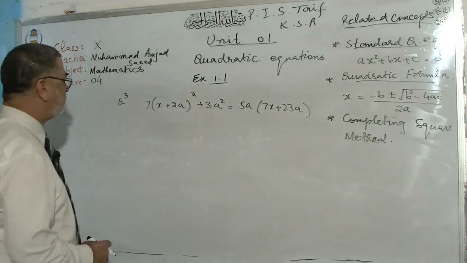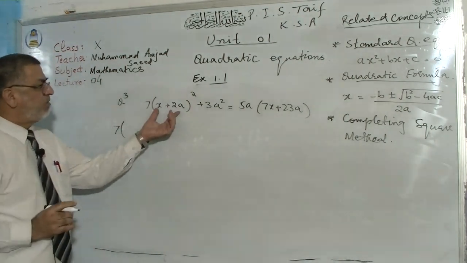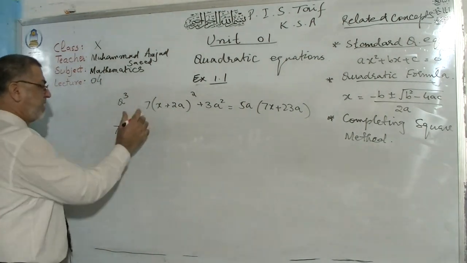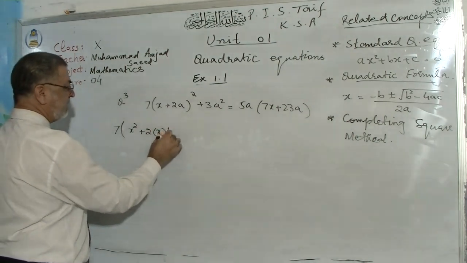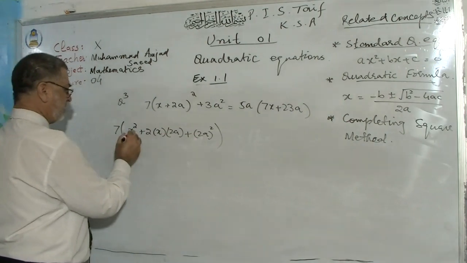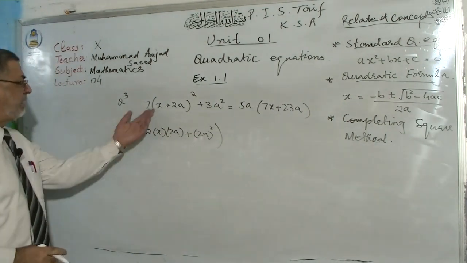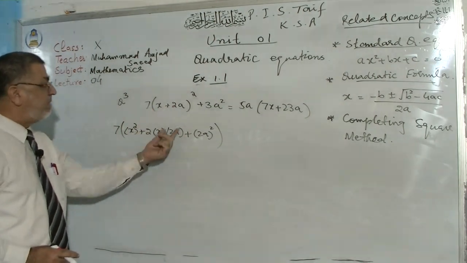Yesterday we solved that. Now first of all, open up the formula of square. First square plus 2 into first into second plus second square. Like that, a square plus 2ab plus b square.